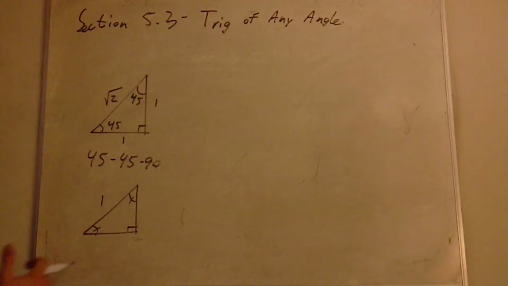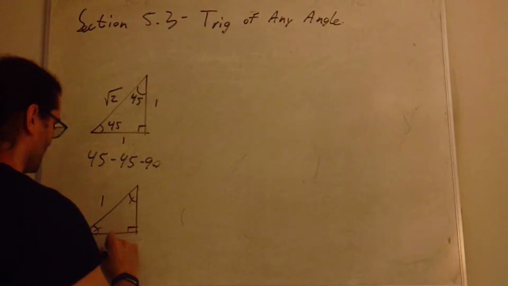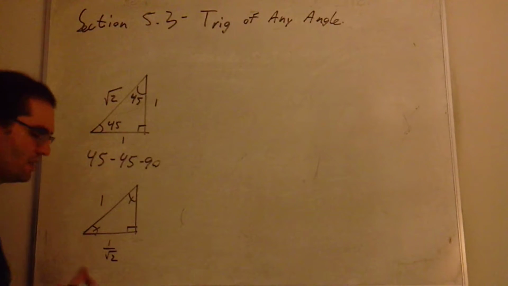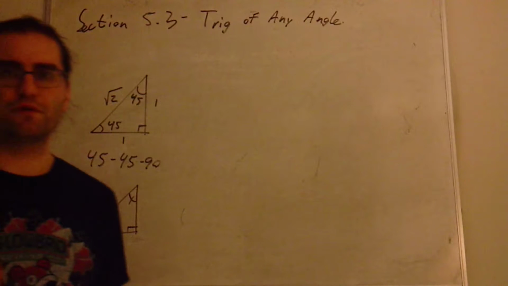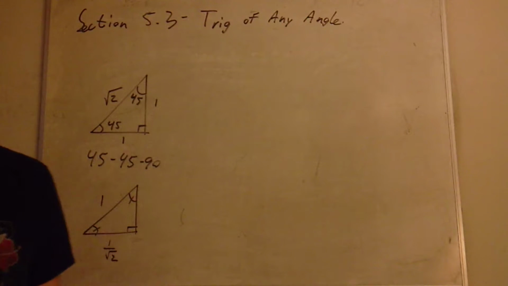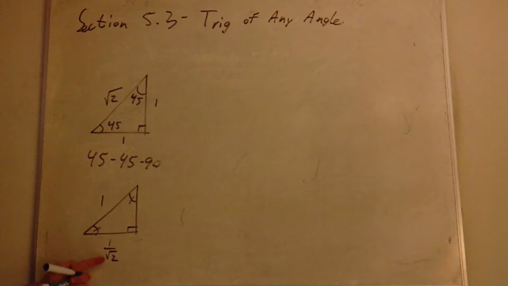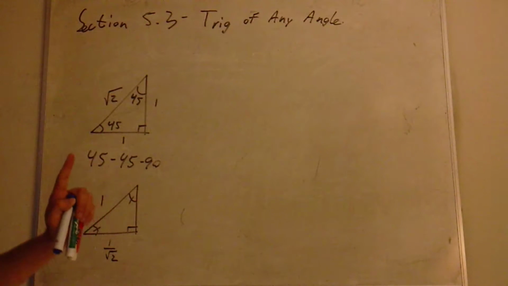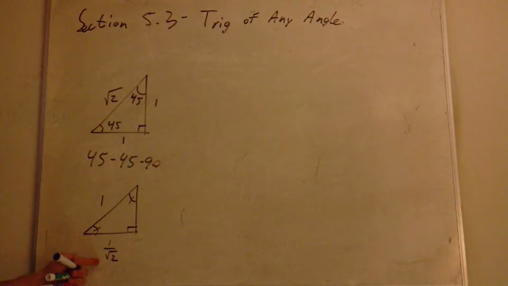So if we scale this down so that the hypotenuse has a length of 1, each of these sides would be 1 over square root 2. But as we talked about briefly in the last video, 1 over root 2 has an irrational denominator, and hundreds of years ago mathematicians didn't like that.